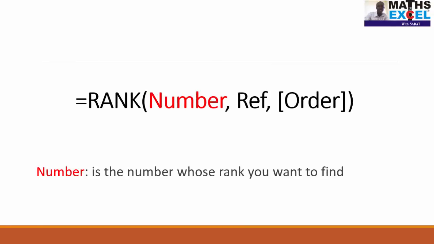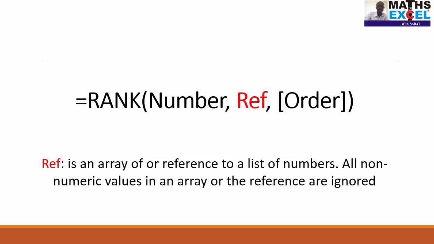Now, the number you see written in red is the number whose rank you want to find. Then the ref is an array or reference to a list of numbers.